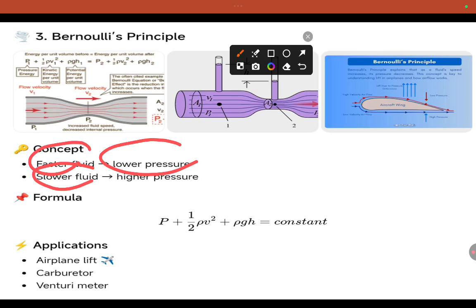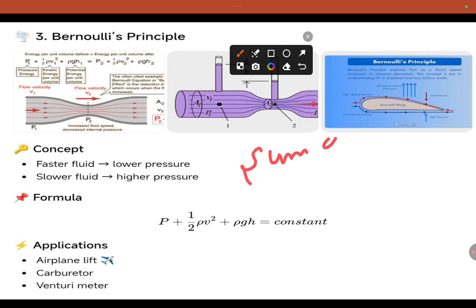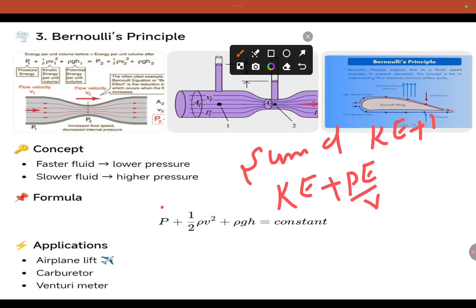A spray also works on the principle of Bernoulli's concept. Here is a simple definition. The Bernoulli principle states that the sum of kinetic energy and potential energy per volume, for an incompressible, non-viscous fluid in streamlined, irrotational flow, remains constant.